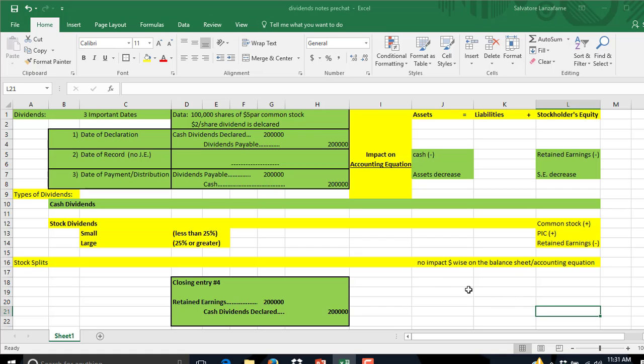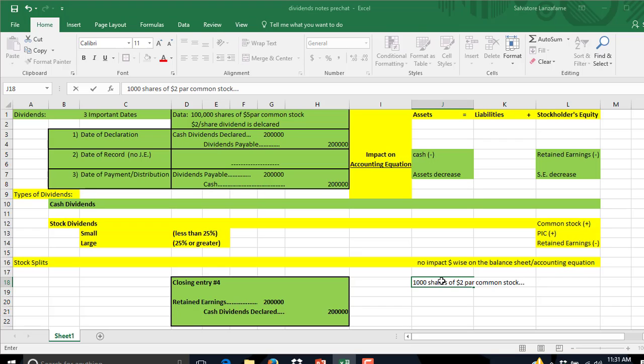So for example, if I had 1,000 shares of $2 par common stock, and the corporation declares a 2-for-1 stock split. Now, as a stockholder, I would love it if my stock split.